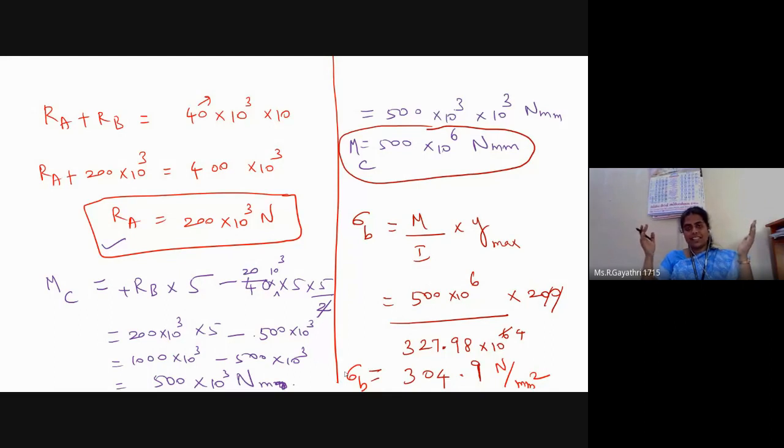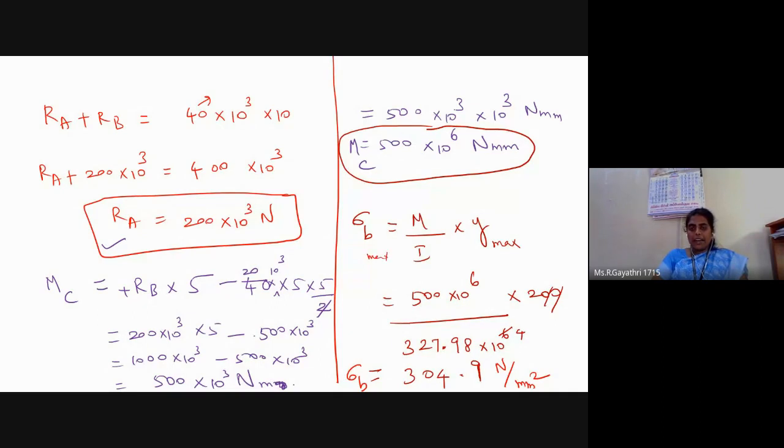We are using the condition of equilibrium. When we move from the right end, reaction RB into distance between section B and section A, minus UDL into total distance into total distance by 2. This will give you the moment value.